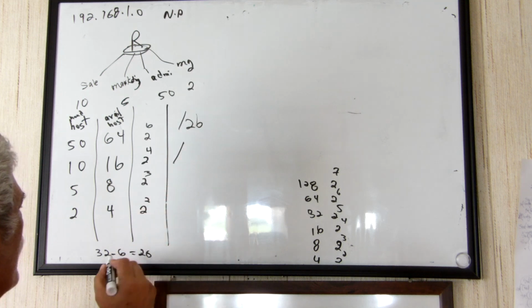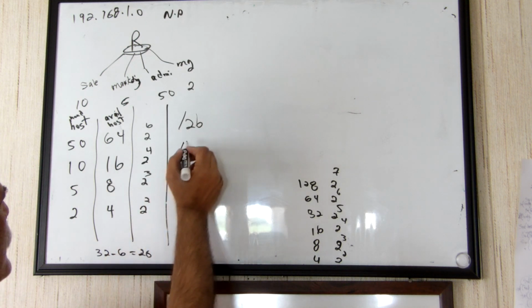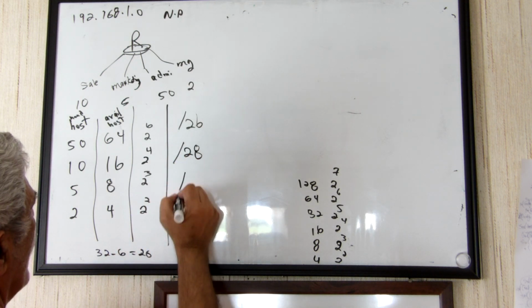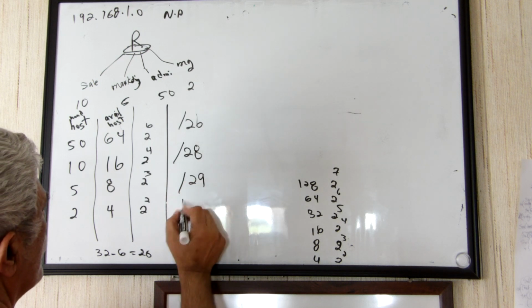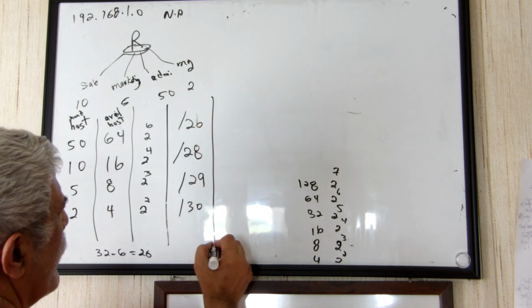And 32 minus 4 is going to be /28. And this is going to be /29, and this is going to be /30. Okay?